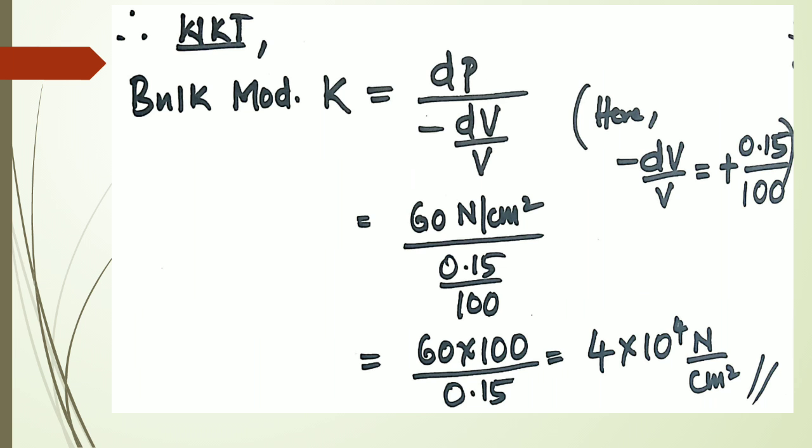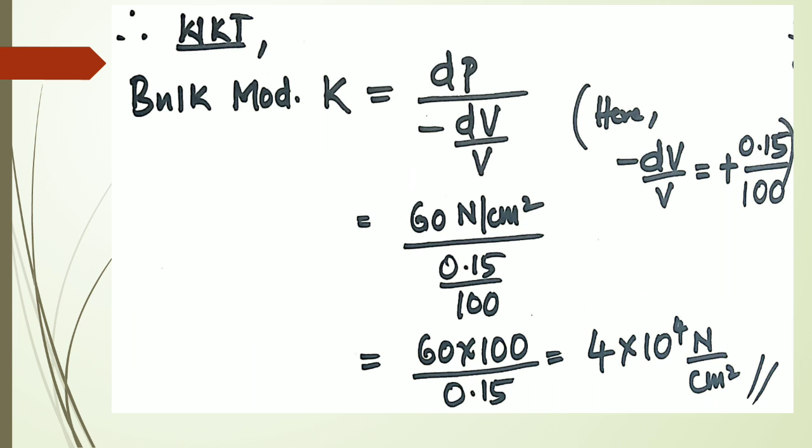So write the equation: bulk modulus K is equal to dP by minus dV by V. This is the bulk modulus K relation. Here, because there is a decrease in volume, dV is already negative, that is minus 0.15%.